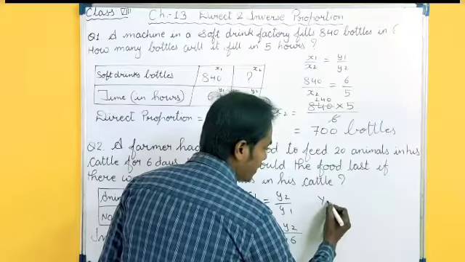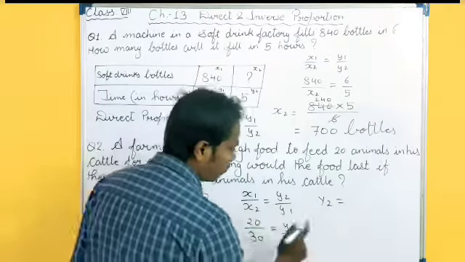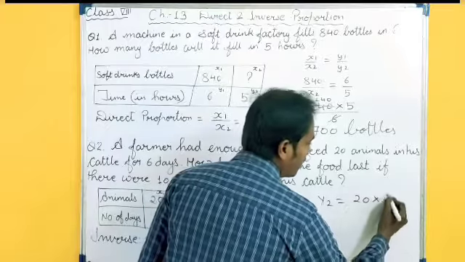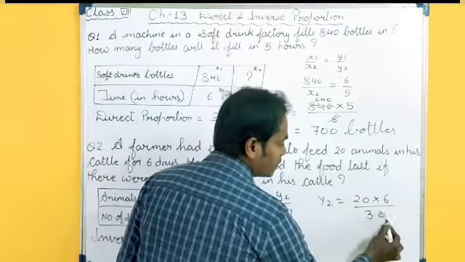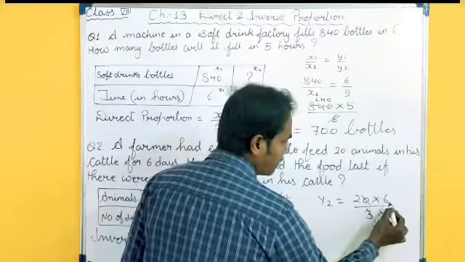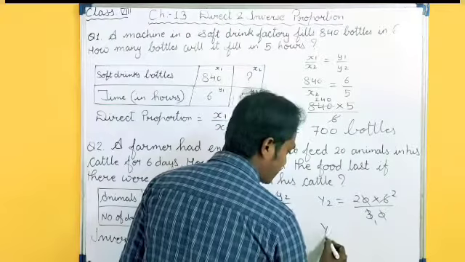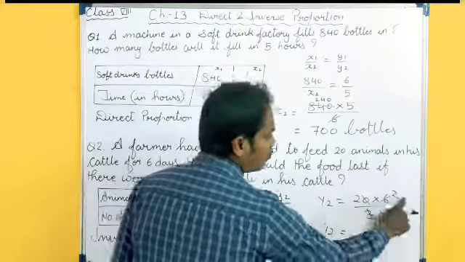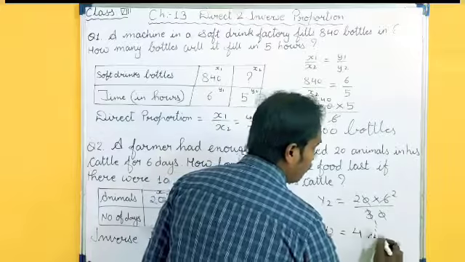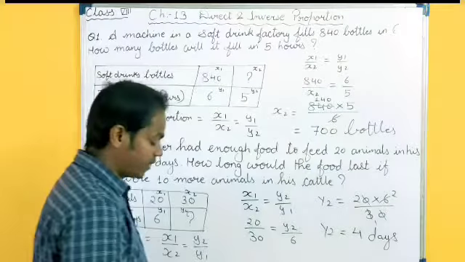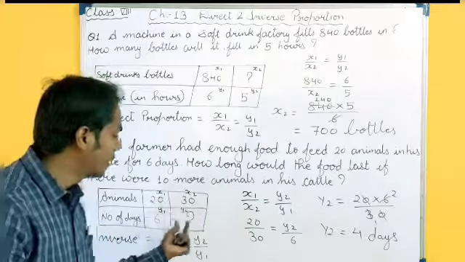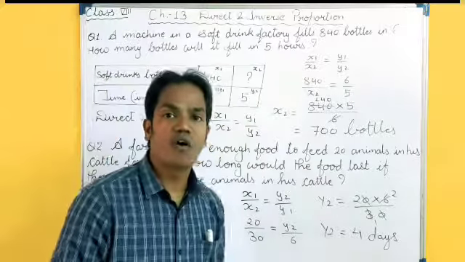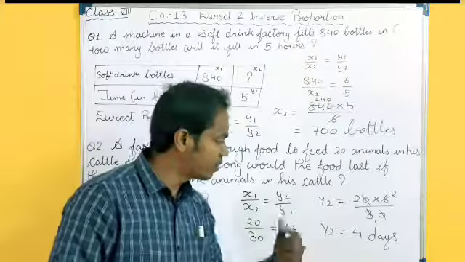So my equation will be y2 is equal to 20 multiplied by 6 upon 30. 0 to 0 cut. 3 1 is 3, 3 2 is 6. So what is remaining now? 2 2 is 4. 4 days. If 10 more animals are added in the group, the food will last for 4 days. This is a solution.